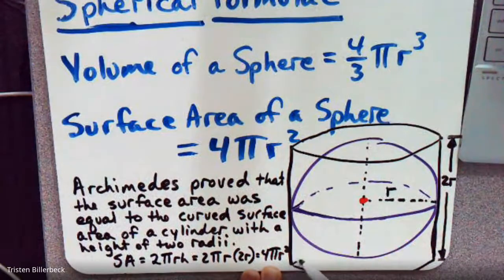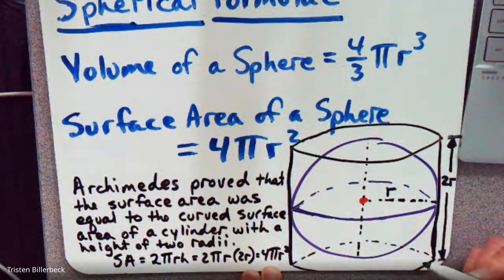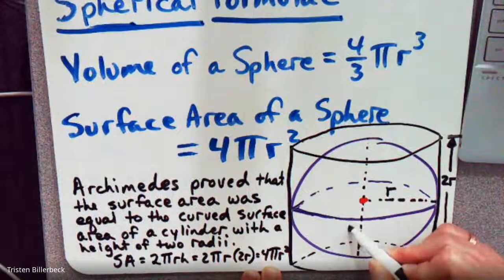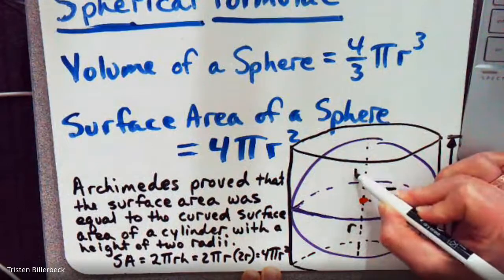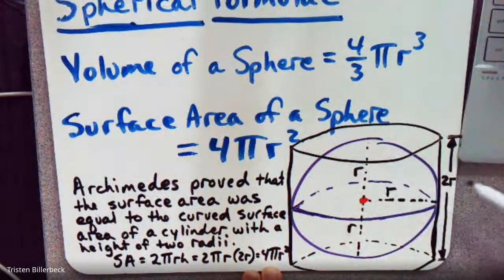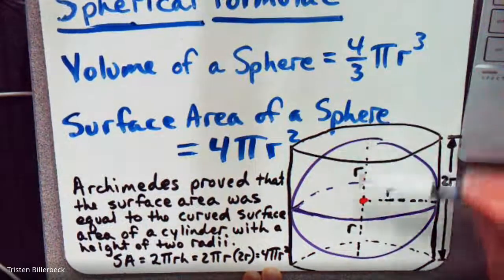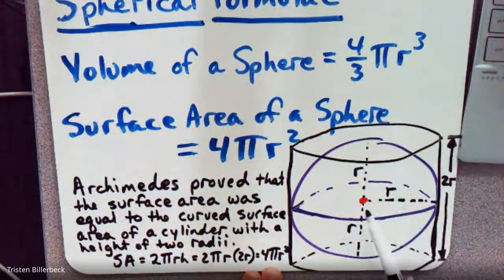So technically we would have a little line like that going around like that. Okay, so this would be r, and this would be r as well. So 2 radii is the height of the cylinder, and then the radius of the cylinder would be here, and then of course the radius is over there.